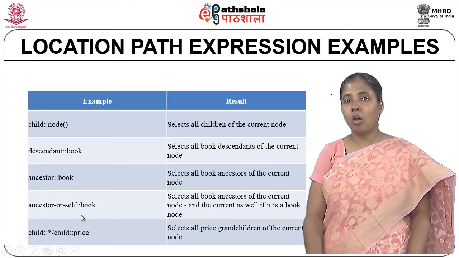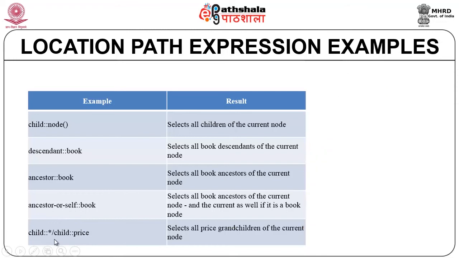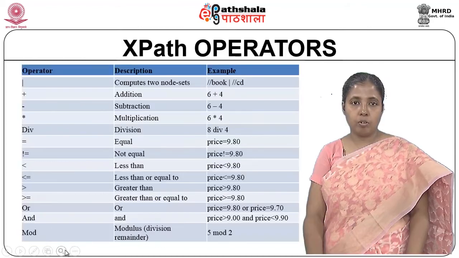This selects all book ancestors of the current node and the current node also, or self, and this selects all price grandchildren of the current node. So, you can see here child, all this is all grandchildren and the price grandchildren of the current node.